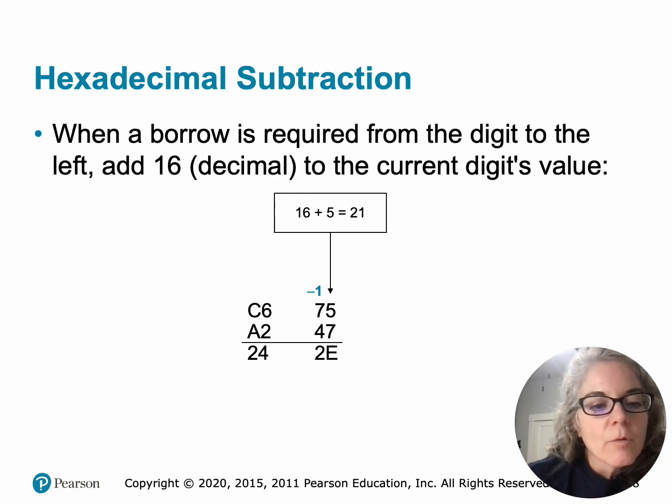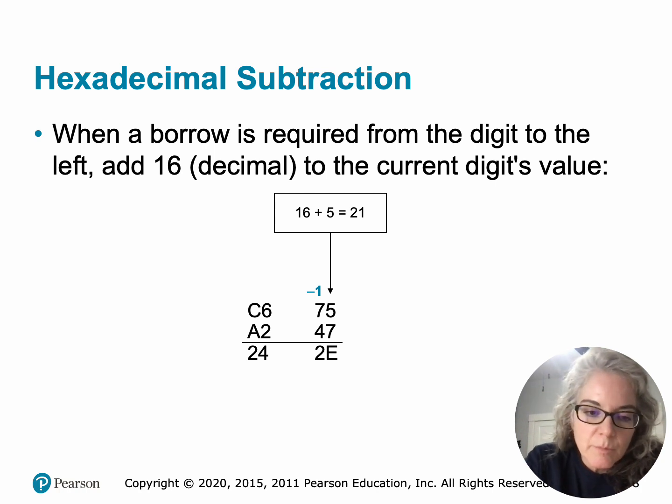So here we want to subtract 7 from 5, and we're going to do it just like we subtract in regular problems. I can't take 7 away from 5, so I'm going to borrow 1 from the 7, and I'm adding 16, not 10. So 16 plus 5 is 21, so this here becomes 21.